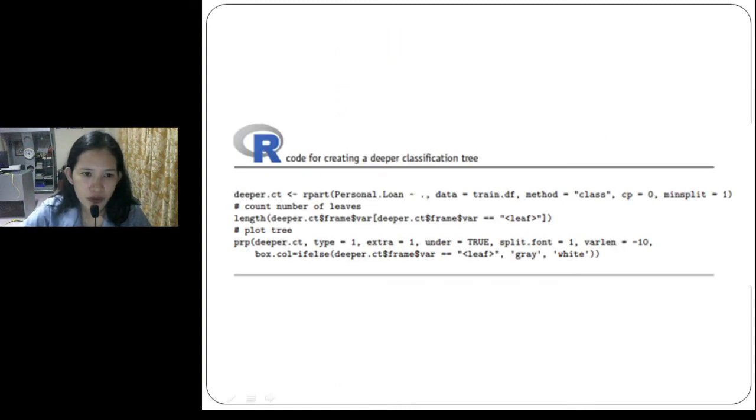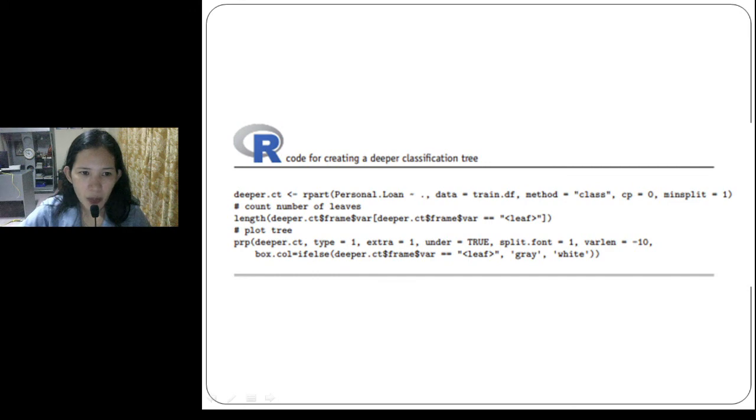Here is the code for creating a deeper classification tree. So we have deeper.ct. Using the rpart method, we use Personal.Loan as our outcome variable, and we assign train.df in the data argument. The method is class, cp is 0, and minsplit is 1.